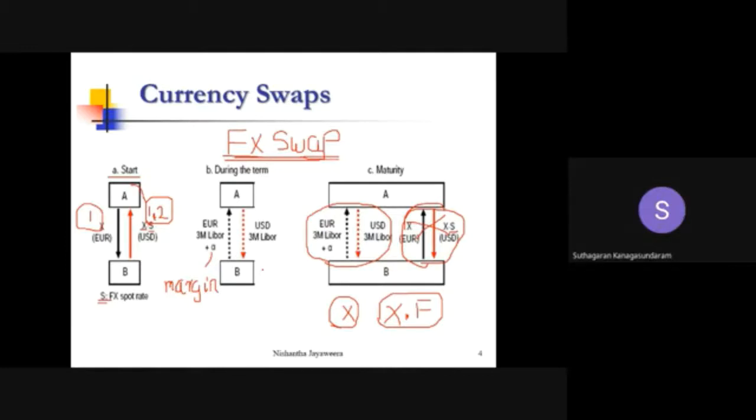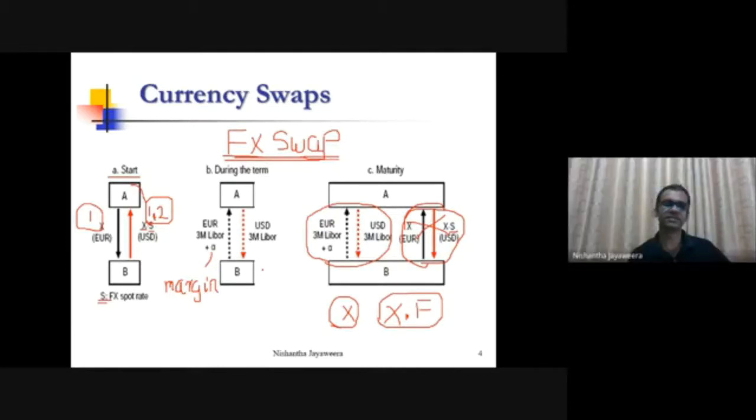Yes, the expectation is euro LIBOR rate will go down. Then in the future, your interest expenses will be low. Meanwhile, as party B, you expect to receive dollar LIBOR. What do you expect? The opposite, dollar LIBOR to go up, then your interest income in dollars would be high.